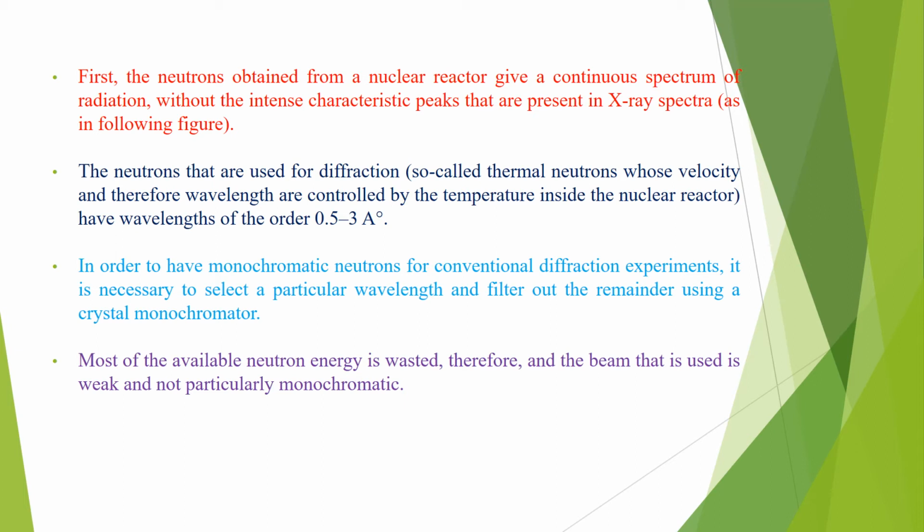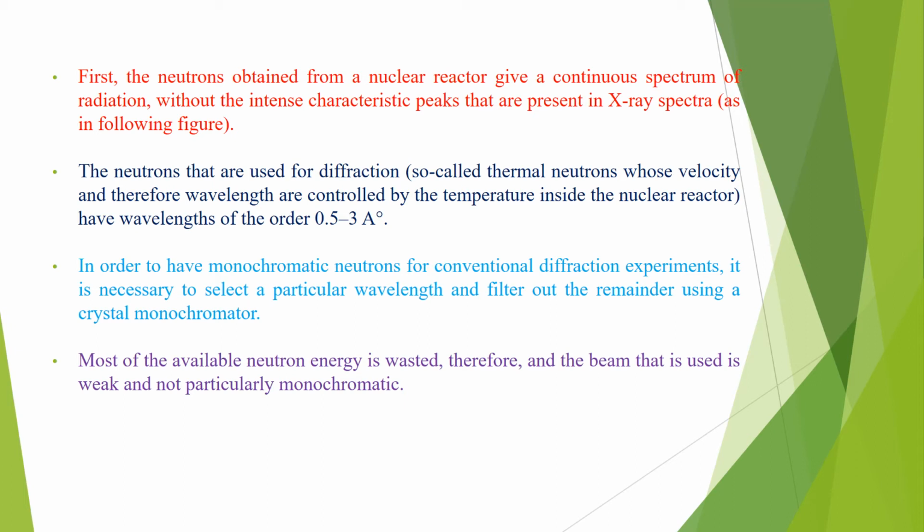The neutrons that are used for diffraction are so-called thermal neutrons, whose velocity and therefore wavelength are controlled by the temperature inside the nuclear reactor. These neutrons have wavelengths of the order of 0.5 to 3 angstrom.